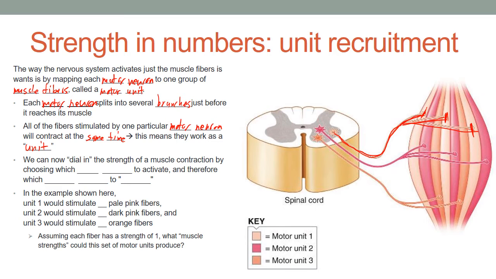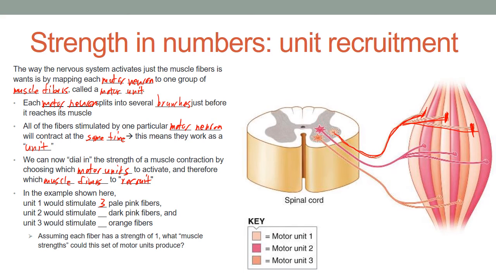So we can now dial in the strength of a muscle contraction by choosing which motor units to activate, and therefore which muscle fibers we want to recruit. In the example shown here, unit 1, the one I've highlighted in red there, would stimulate 1, 2, 3 pale pink fibers.